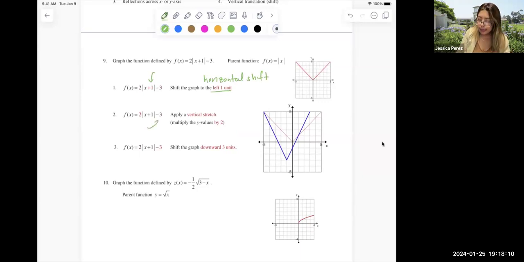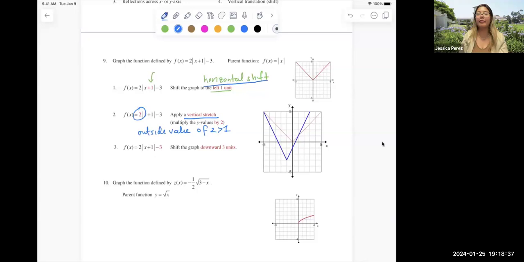Then we see a subtraction. This one, it doesn't really matter how you go, but the way that the textbook wants to is to first look at the horizontal shift, then the vertical stretch, the outside value of 2, which is greater than 1.